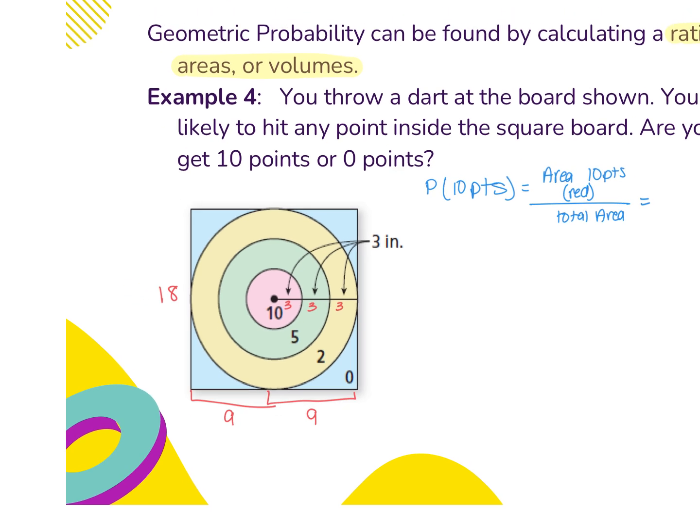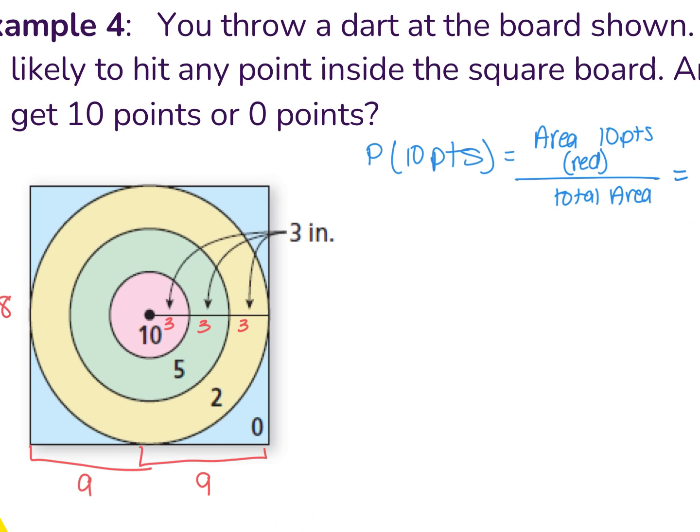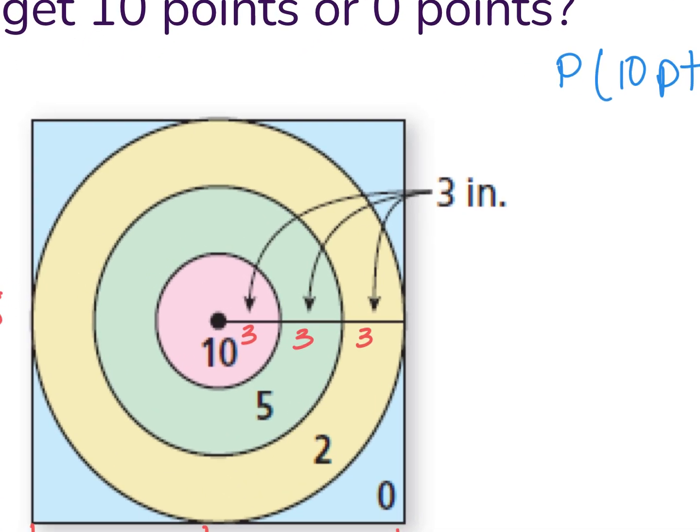So for total area, all I'm doing is multiplying 18 times 18. And then how do I find the area of that red square? What's the formula for area of a square? Area is always squared.